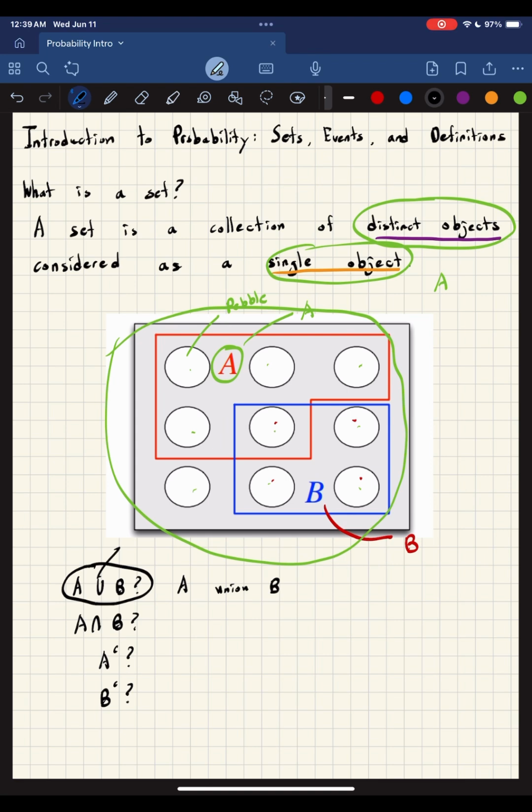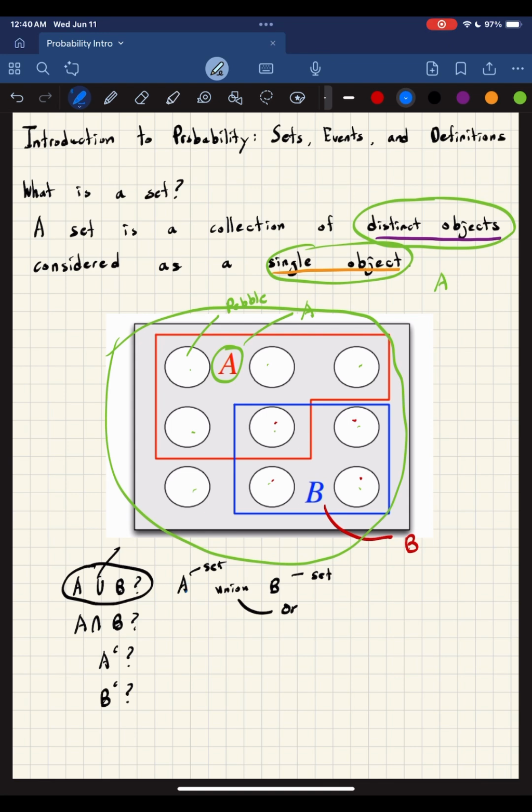Now, what does union mean, you might ask? Union can be interpreted as the word or. So let's think about this. Obviously, A is a set, and so is B. So A or B. Now again, we can return to our definition of a set. A set is a collection of distinct objects considered as a single object.